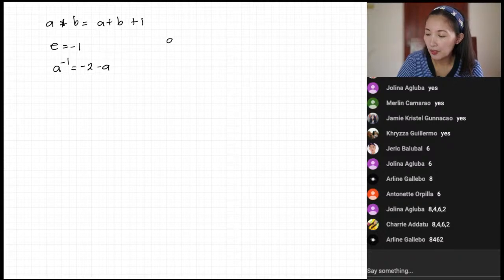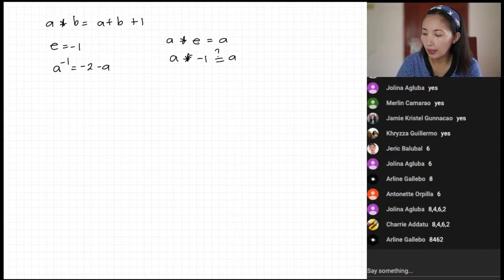A star E should be A. Otherwise, E fails to be an identity element. So let's see. A star, what did we find as E? Negative 1 should be equal to A. Kung hindi, mali.